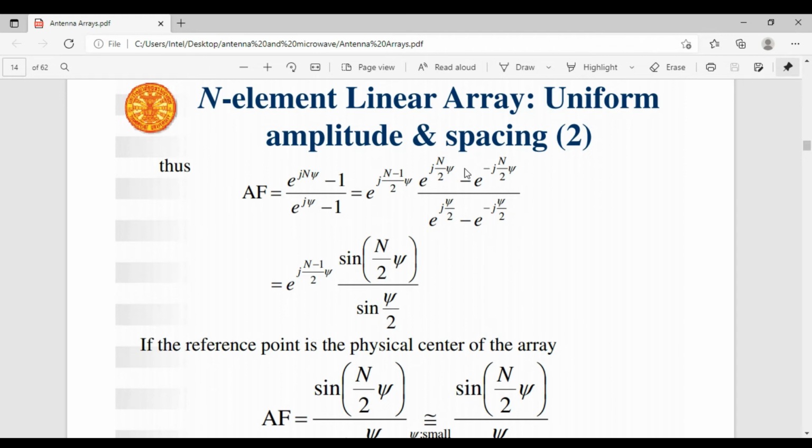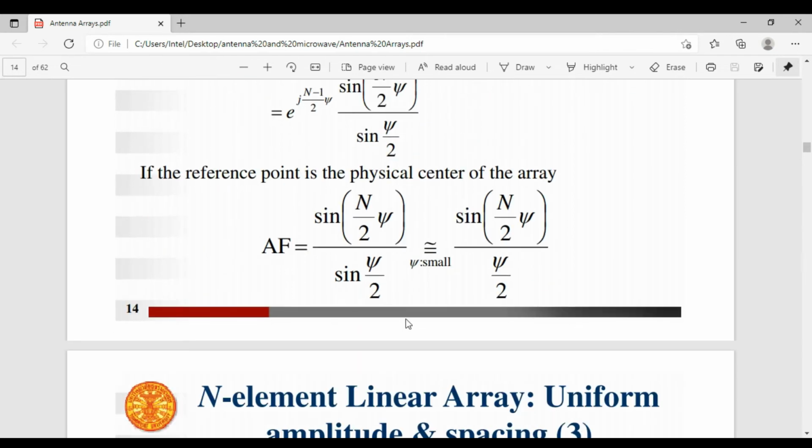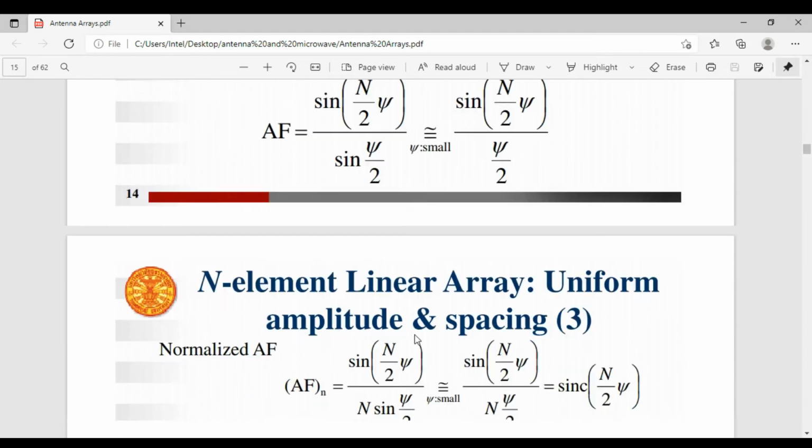Both the numerator as well as the denominator have 2j, so the 2j gets cancelled. This is the array factor, with e power j (n minus 1) by 2 psi. If the reference point is the physical center of the array, the array factor is equal to sine (n by 2 psi) divided by sine (psi by 2).